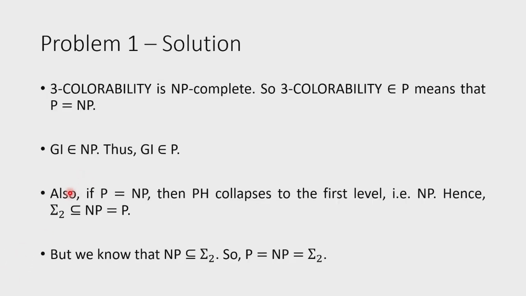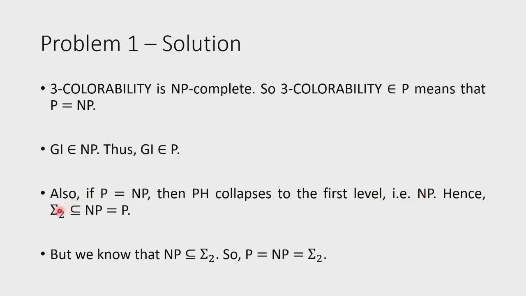Secondly, if P is equal to NP, then the polynomial hierarchy collapses to the first level. You would have seen this in class. So if P equals NP, then PH is equal to NP.